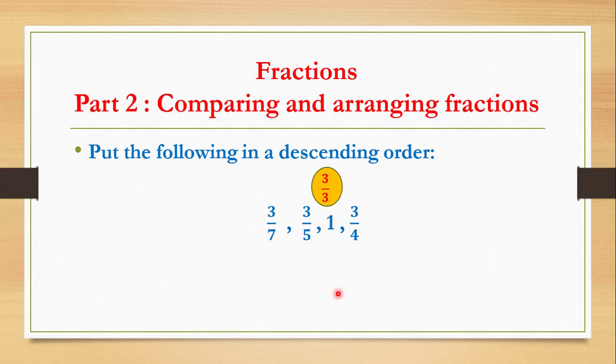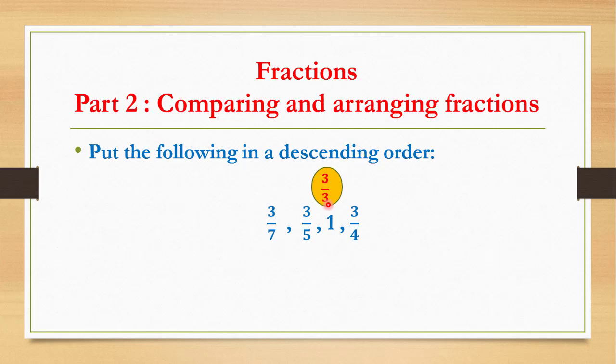Don't forget, if we have the same number up, we are doing the opposite. So I want to start from the greatest fraction. The greatest fraction means the smallest denominator or the smallest number down. So 3 over 3.